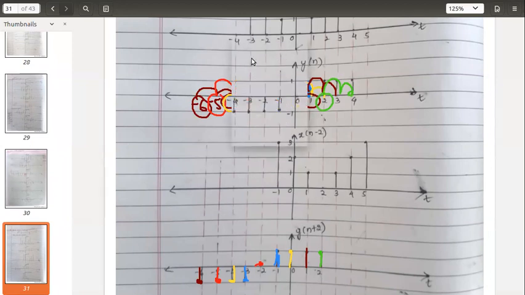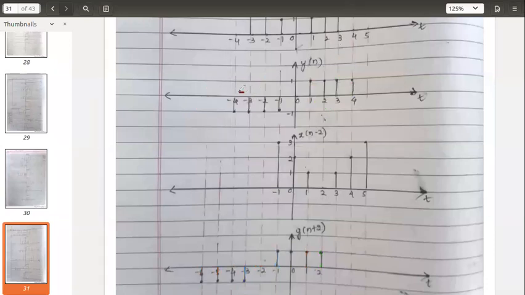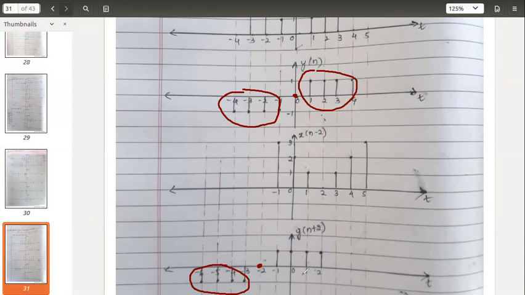If you shift the complete signal to the left side by 2 amount, your originally check 4 negative samples are there. At 0, you don't have any sample, 0 amplitude. Even here, you observe at minus 2, 0 amplitude. Then 4 plus 1 samples are there.